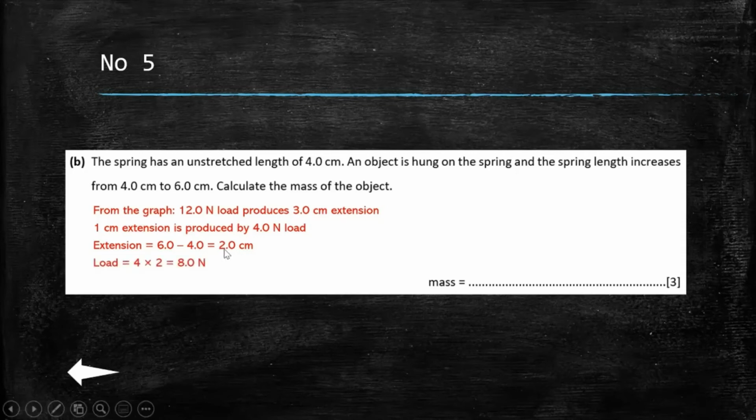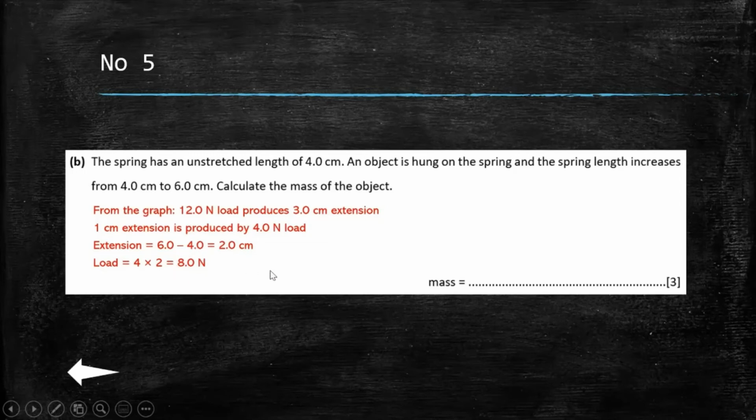If 1 cm extension is produced by 4 Newton load, then 2 cm extension is produced by 4 times 2 or 8 Newton. So, the load to produce 2 cm extension is 8 Newton.